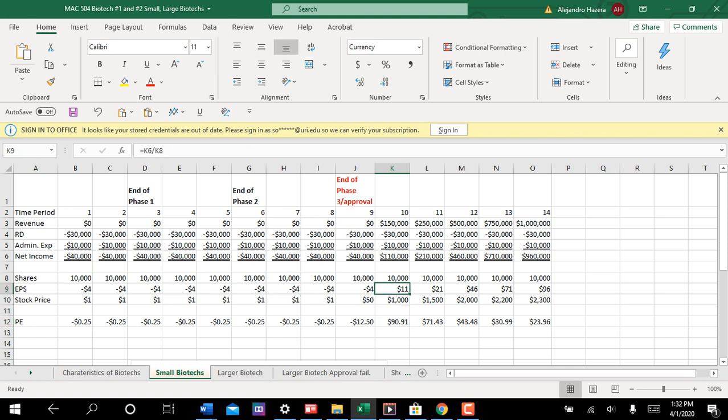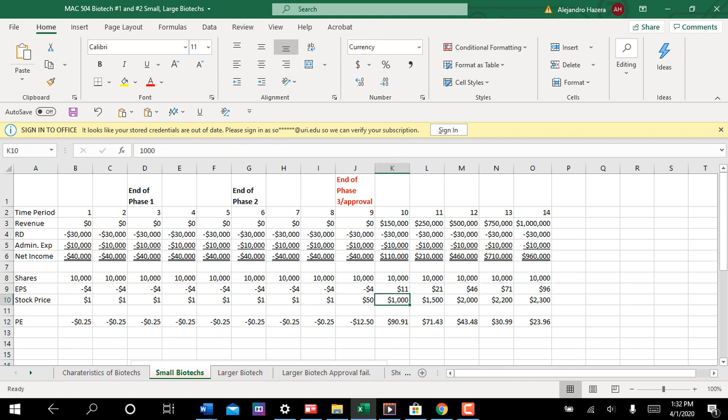Now I'm assuming that the revenue goes up as the drug is marketed and gets into the system. I'm assuming that they maintain the same number of shares, and you'll see that the earnings per share are getting larger.